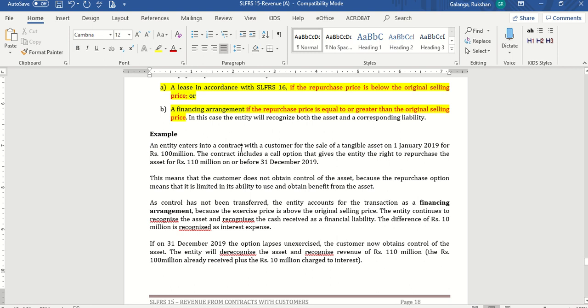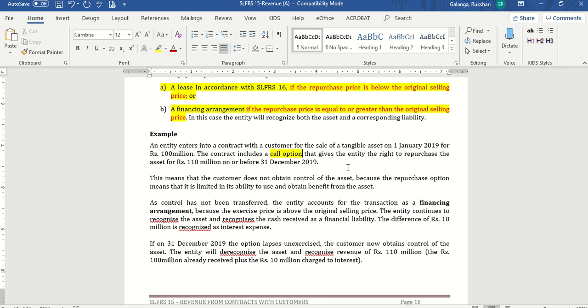An entity enters into a contract with a customer for the sale of a tangible asset, maybe a machinery, on 1st January 2019 for 100 million. The contract includes a call option that gives the entity the right to repurchase the asset for 110 million on or before 31st December 2019.